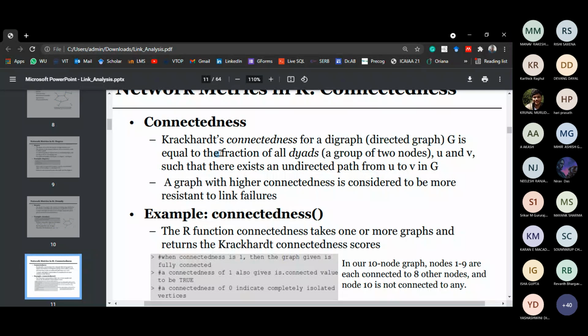It is the fraction of all pairs of two nodes U and V such that there exists an undirected path between U and V. That is called connected. This is also used for identifying resistance to link failure.